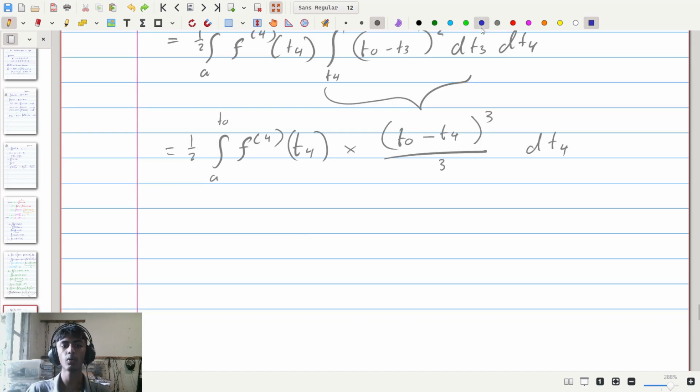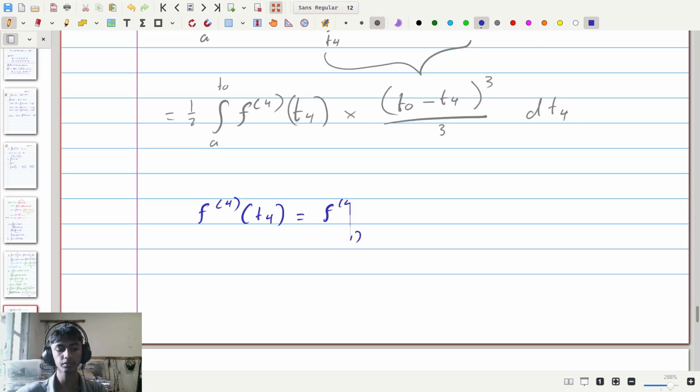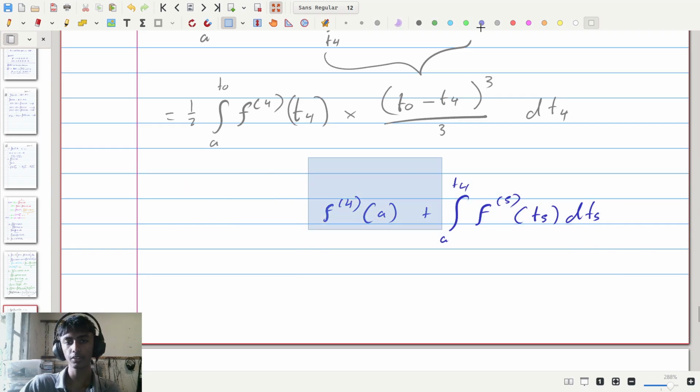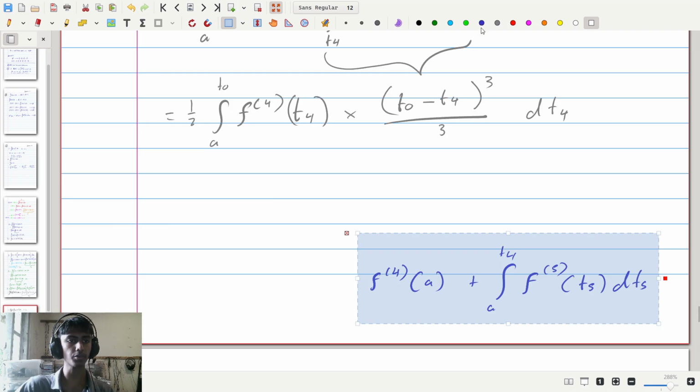So using that, the fourth derivative evaluated at t4 is going to be equal to the fourth derivative evaluated at a plus the integral from a to t4 of the fifth derivative, f5, evaluated at some variable t5, dt5. We are going to be substituting this into here. So I'm going to cut this extra bit and substitute instead of f4 this expression here. Taking this thing down here, we can substitute it later.